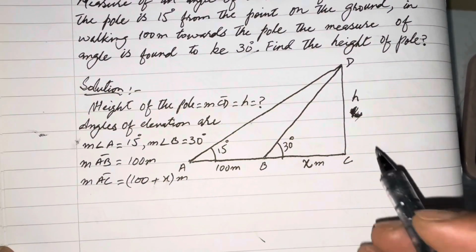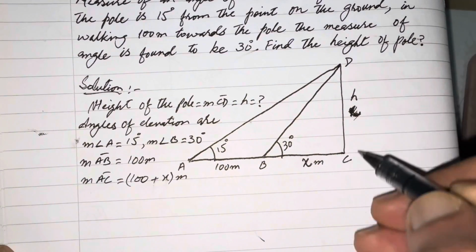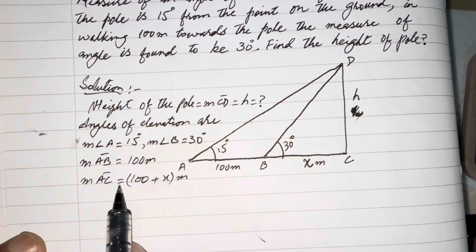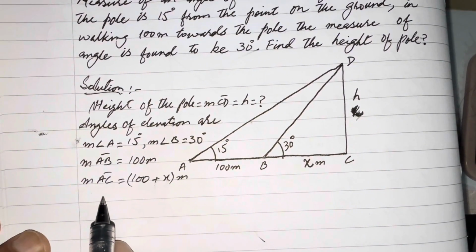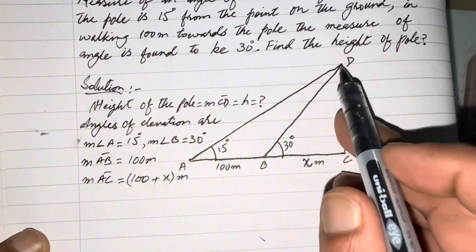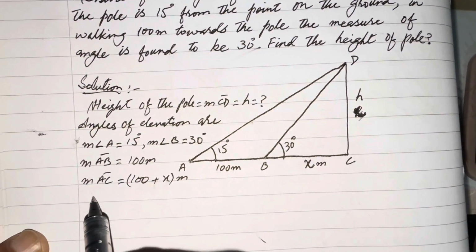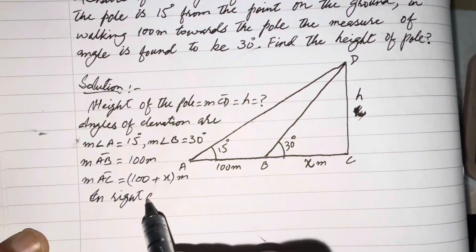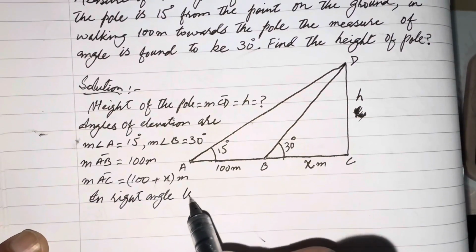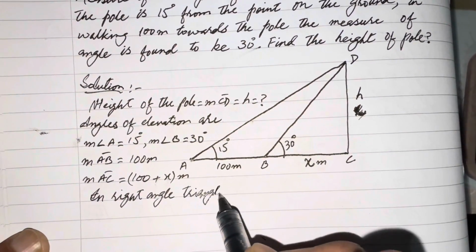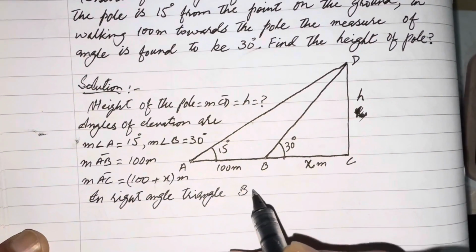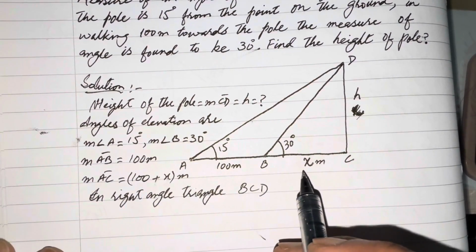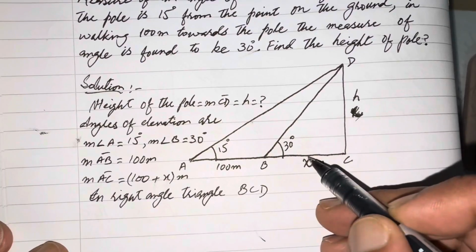Now let's start. The main thing is to find the height of the pole, which is represented by H. First of all, we will take the triangle BCD. In right angle triangle BCD, we are talking about these two sides.